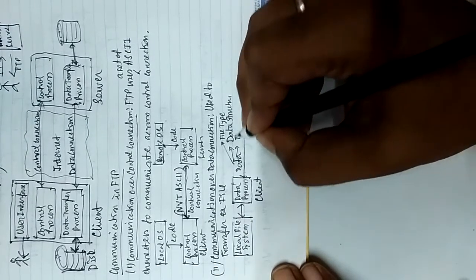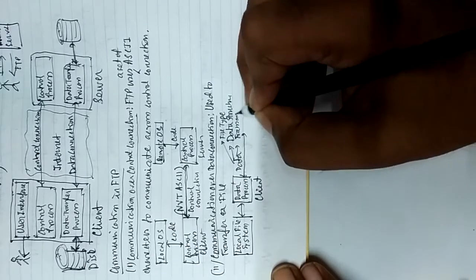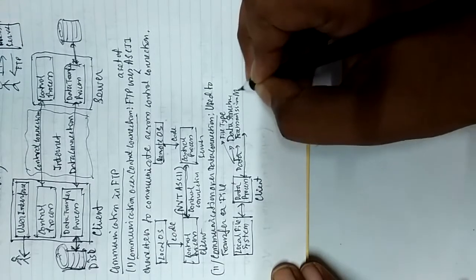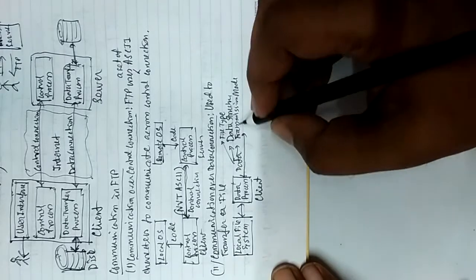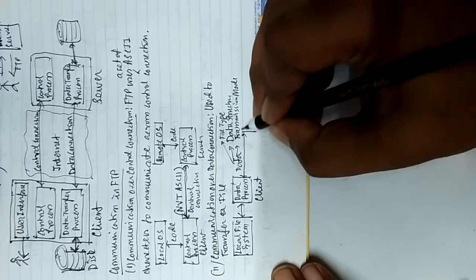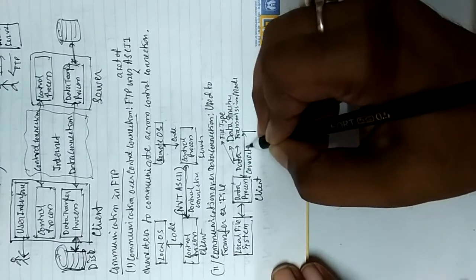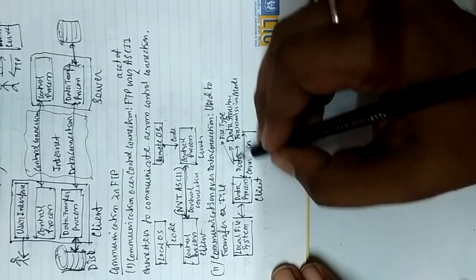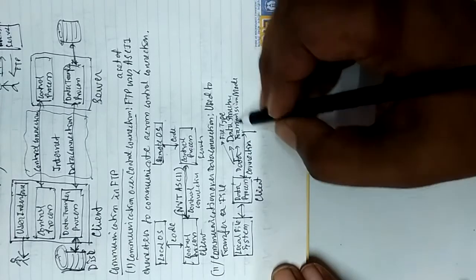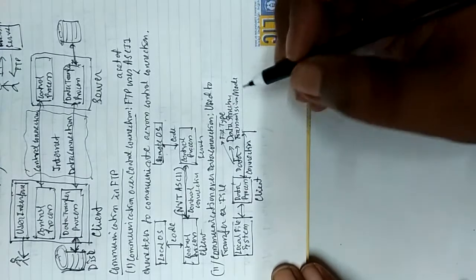We will study all this in detail. And this is the data connection. In the data connection part we will study the file types, the data structure, and the corresponding transmission mode.